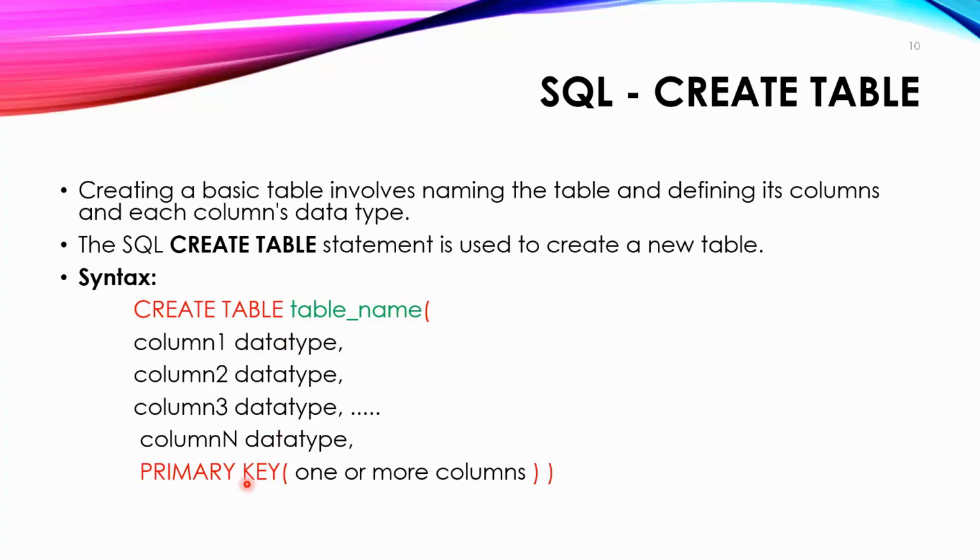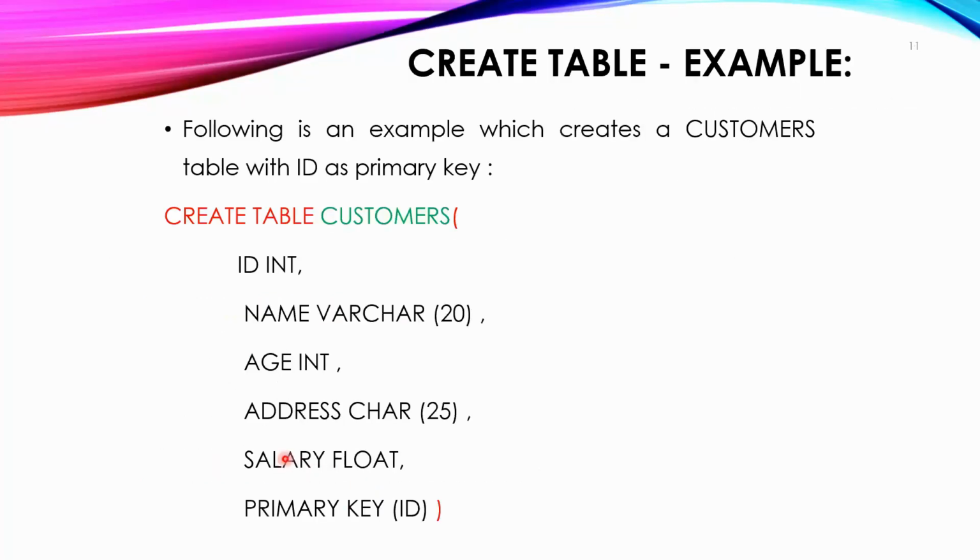And at the end you can mention the primary key, and the primary key can be one column or more than one column, right? Here is an example statement for creating a database table. Create table customers, ID int, name varchar, size is 20 characters, age int, address char, length is 25, and salary float, primary key is the ID, right?